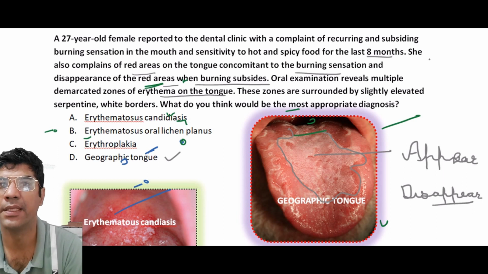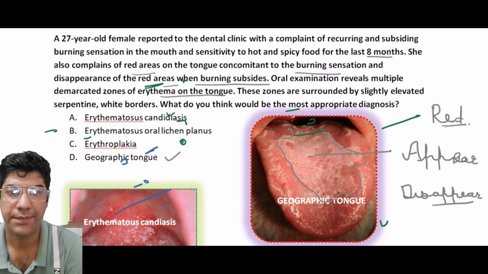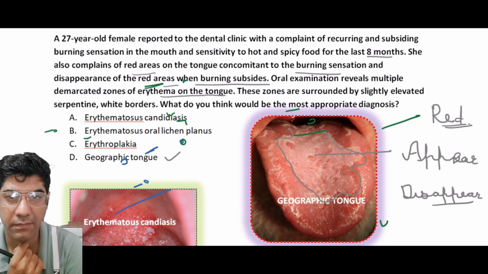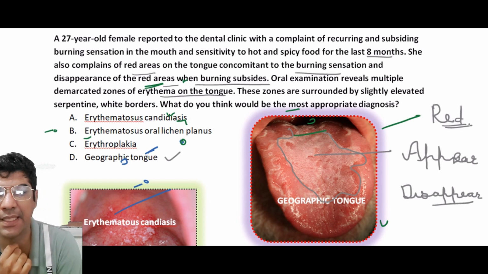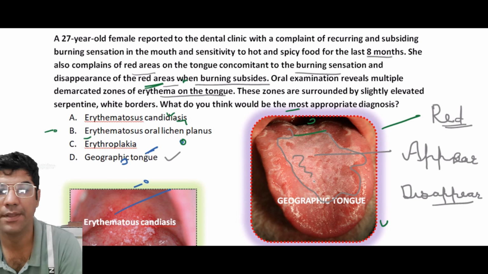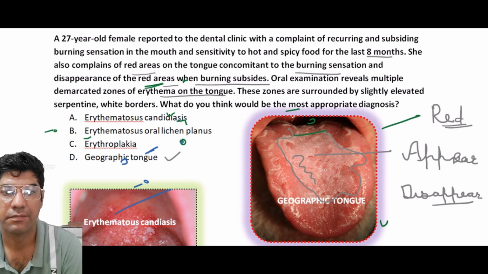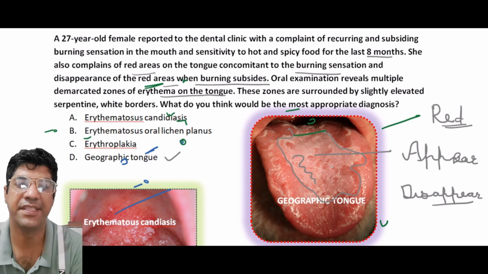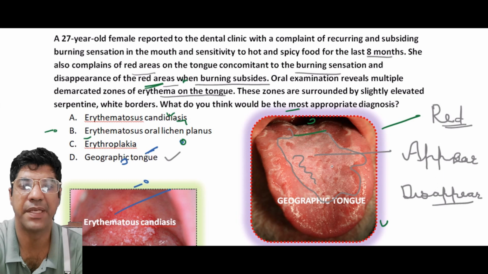So there are red areas that appear and disappear. These red areas are surrounded by elevated white areas. So this condition often causes burning sensation due to consumption of spicy food.